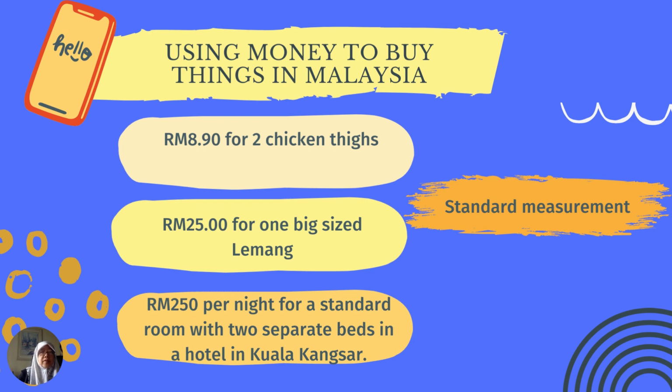Okay, so it's a nice hotel. All right, so these are what we call standard measurement. When we use standard measurement, we can actually know whether it's less expensive or more expensive.